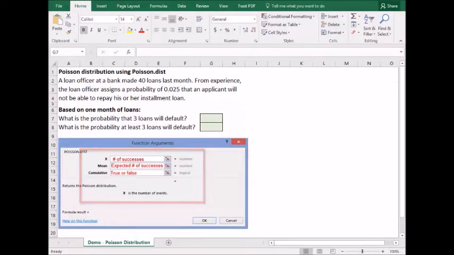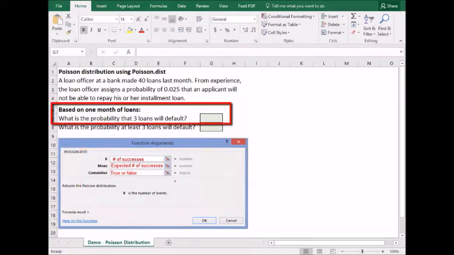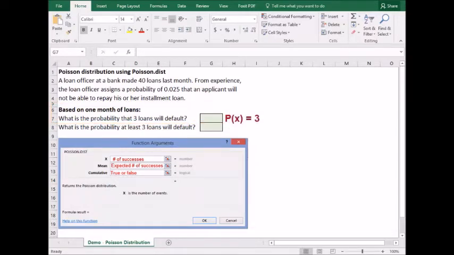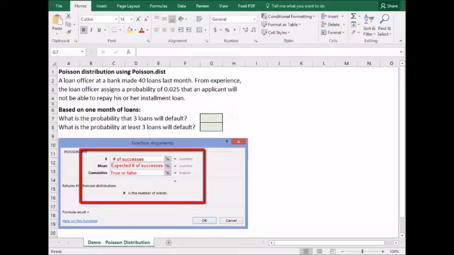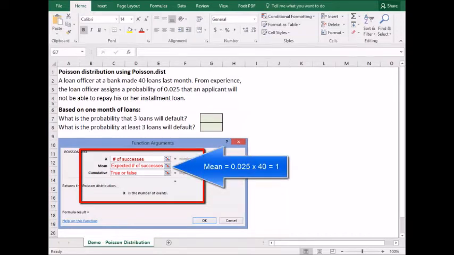In the first question, we're seeking the probability that exactly 3 loans will default, i.e., P(x) equals 3. The mean is the expected number of loans that will default in that interval. Since we know 0.025 is the default rate, and the loan officer made 40 loans, then 0.025 times 40 equals 1 loan. The cumulative value can either be true or false.